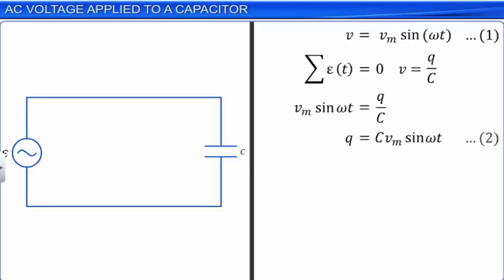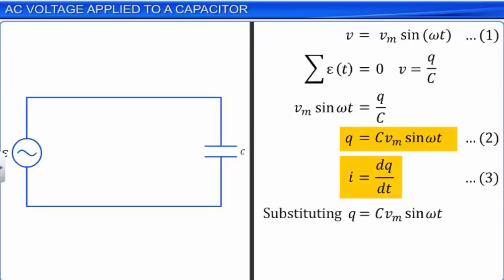We know that current i is the rate of flow of charge in the circuit. That is, i = dq/dt. Let this be equation 3. Substituting equation 2 in equation 3, we get i = d/dt of (C Vm sin ωt).